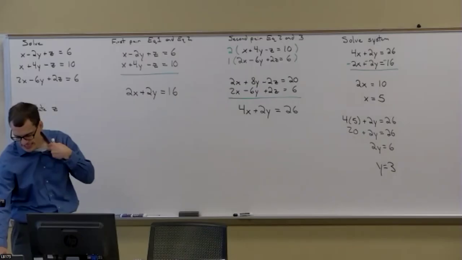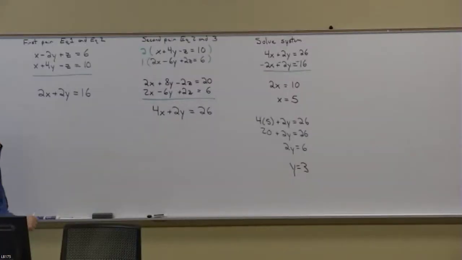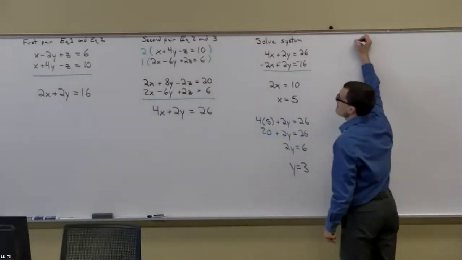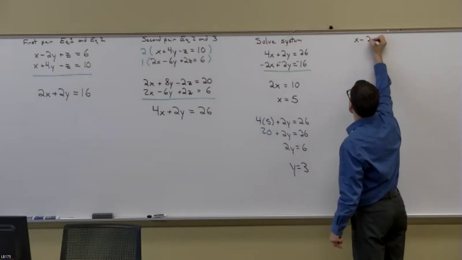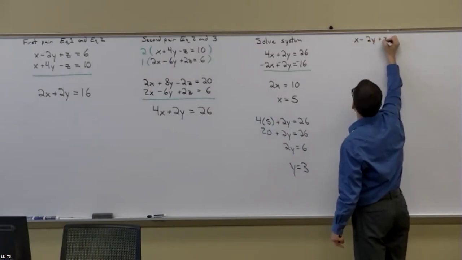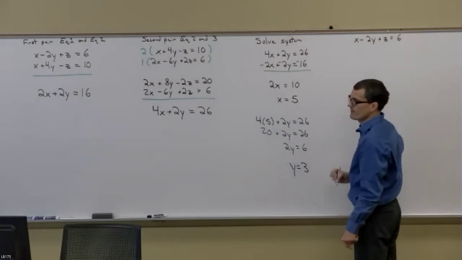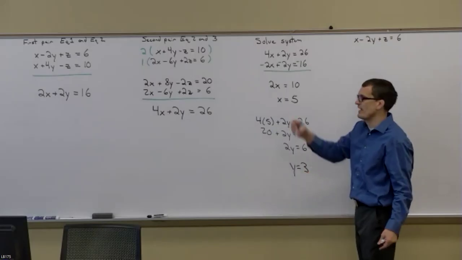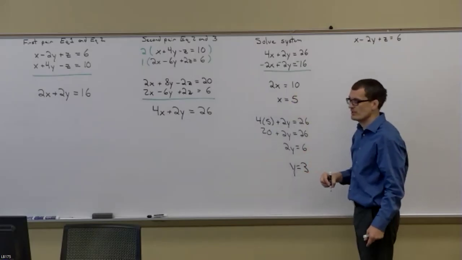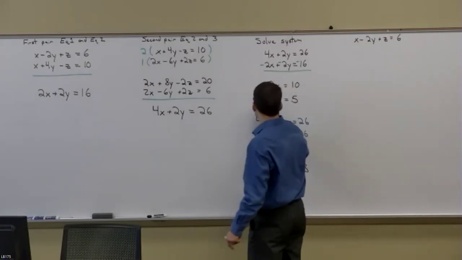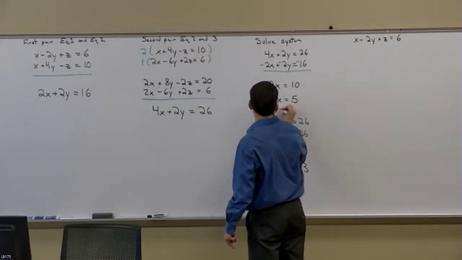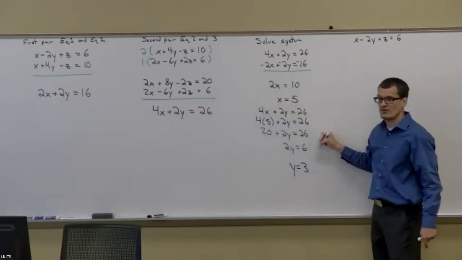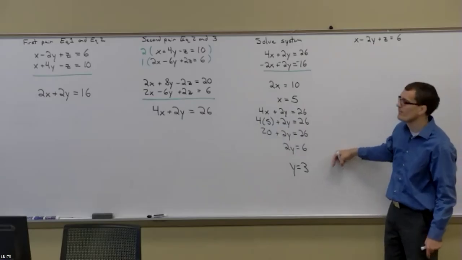Once I have both x and y, then I plug it into one of my original equations, like x minus 2y plus z equals 6. And that'll give me my z. Do you follow that? Doesn't matter which equation you pick on that original one. So again, I'm saying we have 4x plus 2y equals 26. So I plug in x equals 5, solve for y.